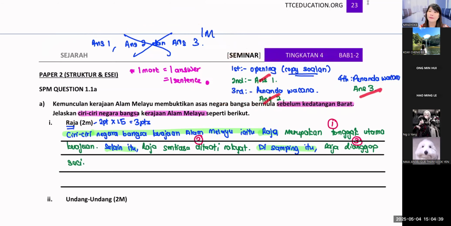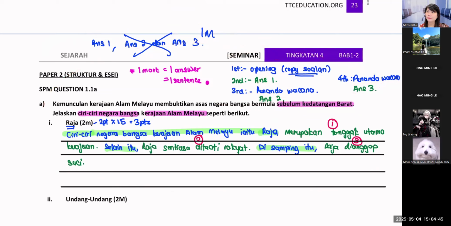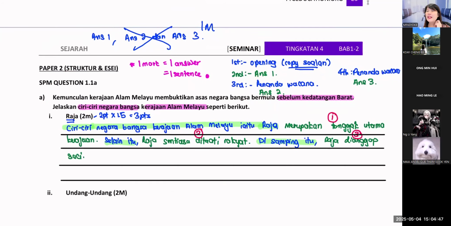The standard answering technique in SPM for structure is no need for the opening; you can directly write raja merupakan like that.